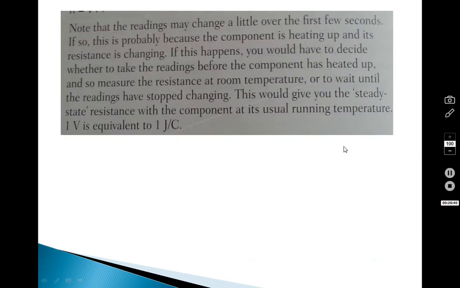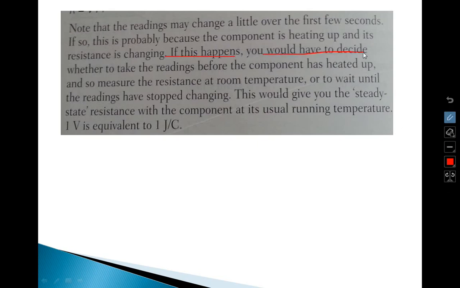So just note that the reading or readings may change a little over the first few seconds. Why? This is probably because the component is heating up, and its resistance is changing because of heating. So if this happens, what will we do?